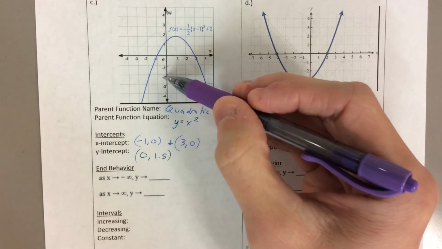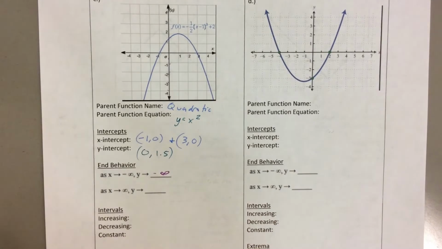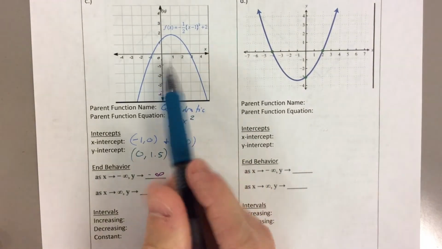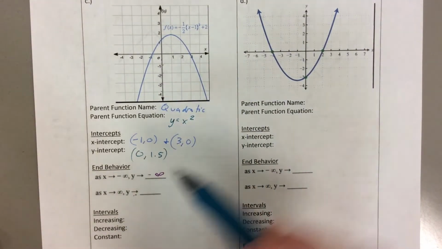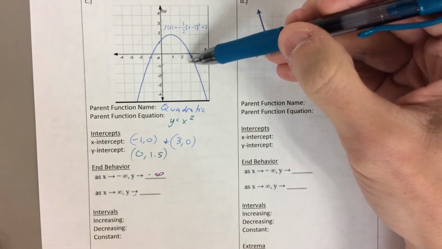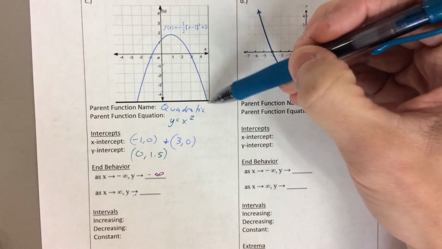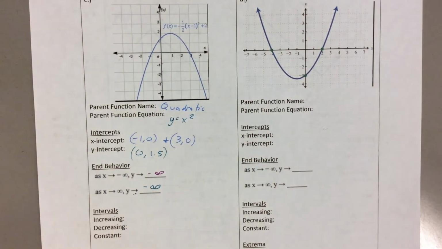We get more and more negative. So that's why it's approaching negative infinity. And as x approaches positive infinity, or in other words, as it gets bigger, y approaches, well, it's getting smaller. As we go over to the right, our y is going down. So it's going to be approaching negative infinity as well.